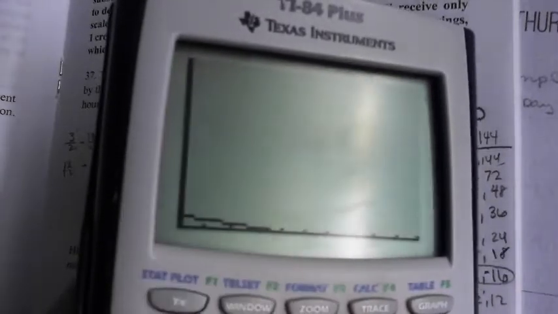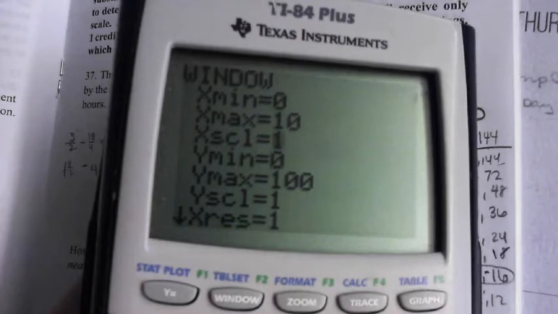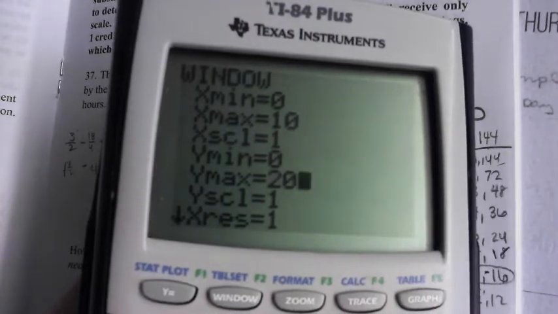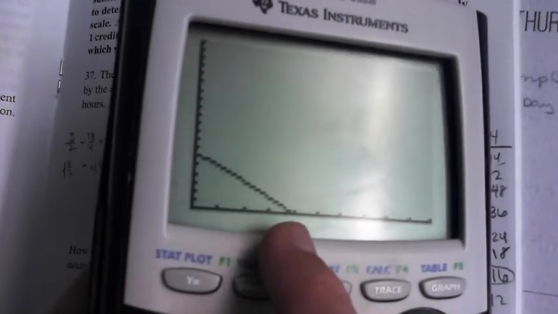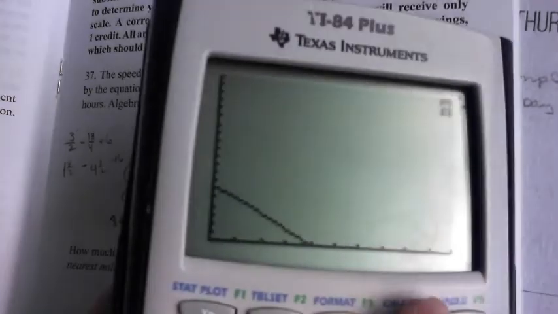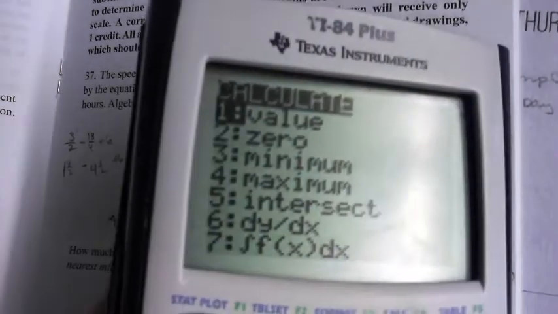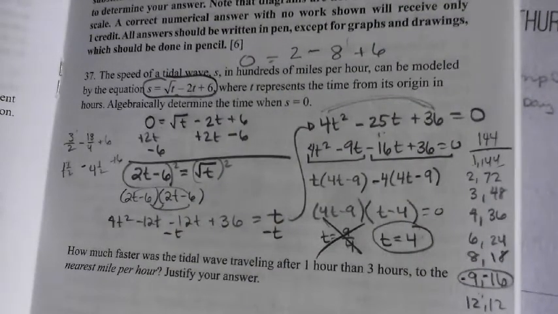That was way too far, by the way. I'll go 0 to 20. There's the speed of my tidal wave. And so you could double check that it's actually hitting a speed of 0 after 4 hours. Second trace. If you want to do value, you can, if you already were just checking if 4 was actually correct, 4 is correct. Okay?